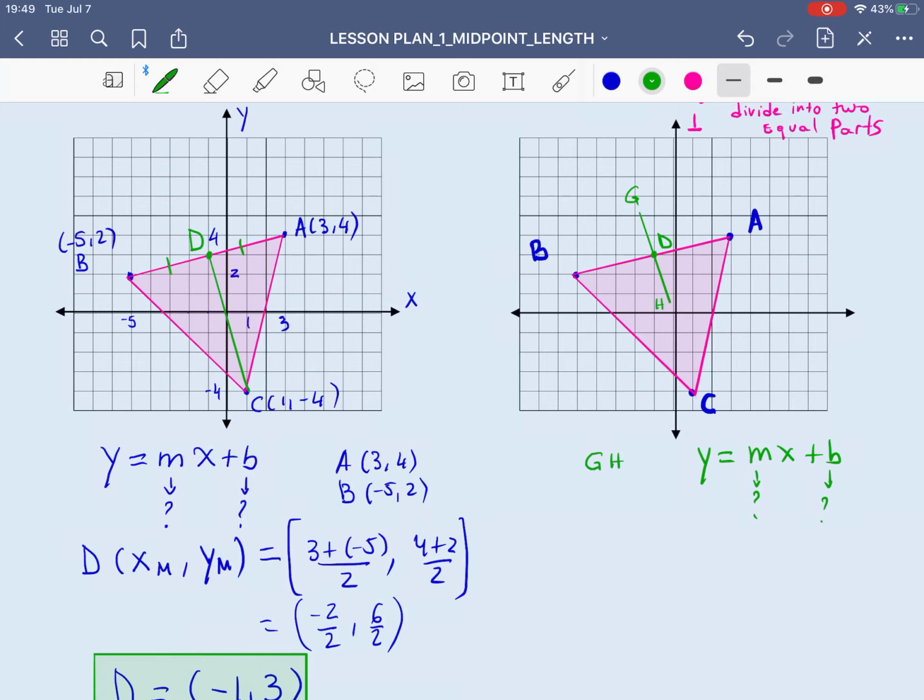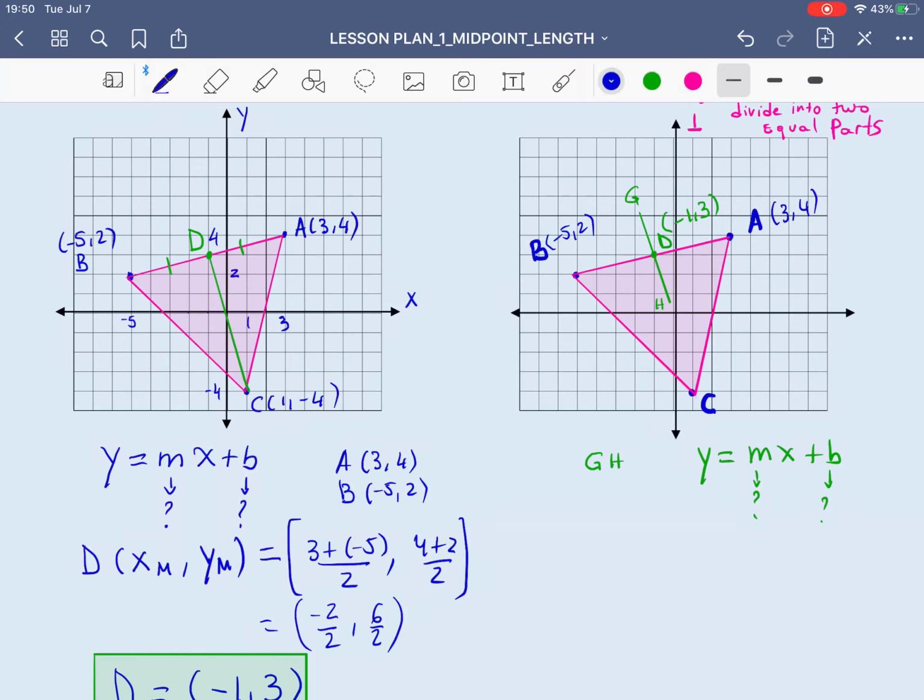Remember that the only point we know here is the point D, right? And the point D we said had coordinates -1 and 3. We also knew that A was 3 and 4, and we knew that B was -5 and 2. So we cannot use 2 points on GH to find the slope of it.